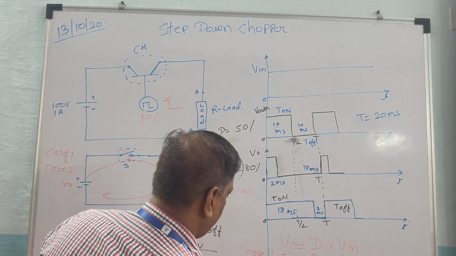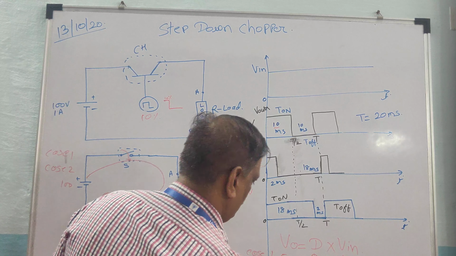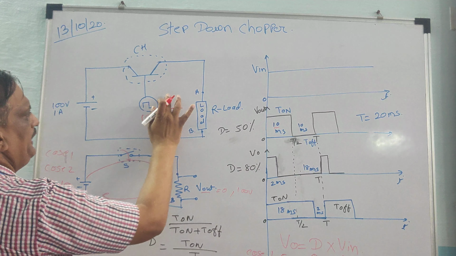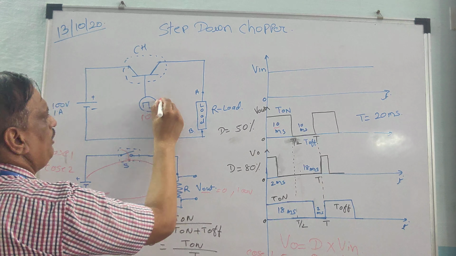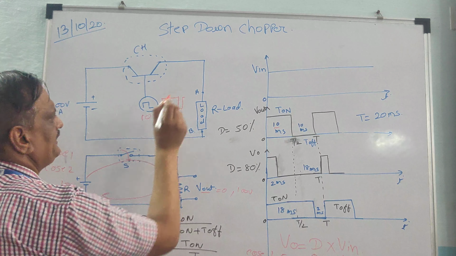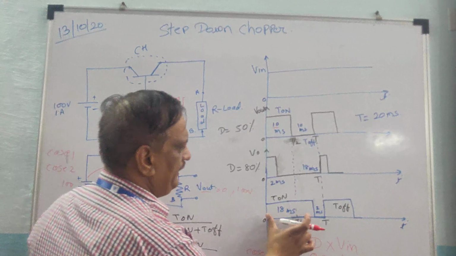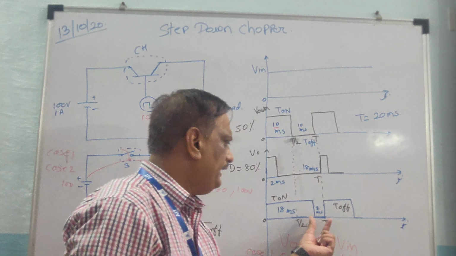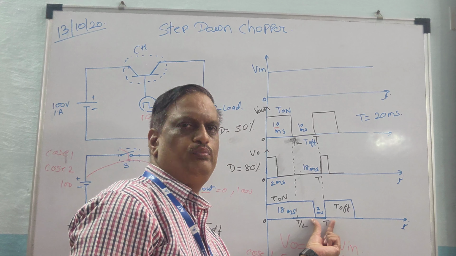Now consider case 3. Now the on time of the switch is more and the off time is less. My transistor is going to conduct for 18 milliseconds and it will not conduct for 2 milliseconds.